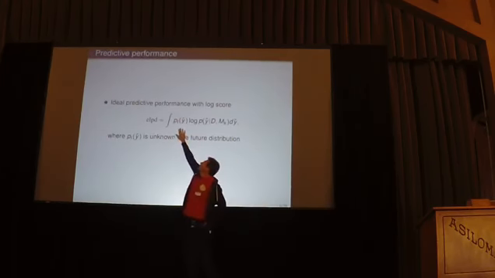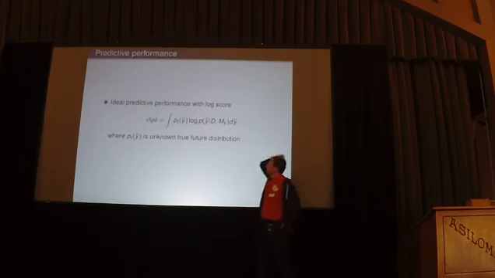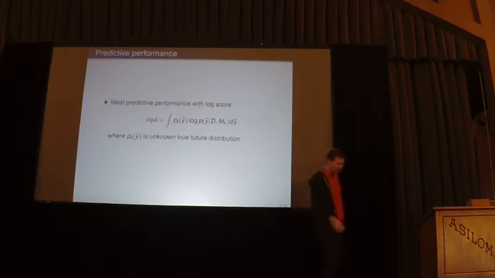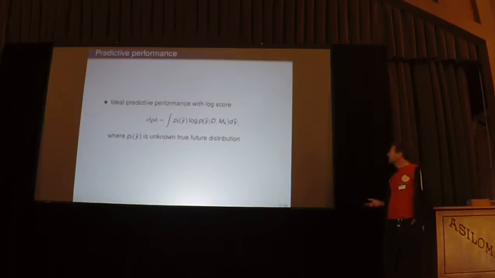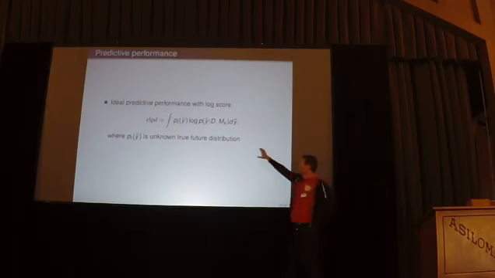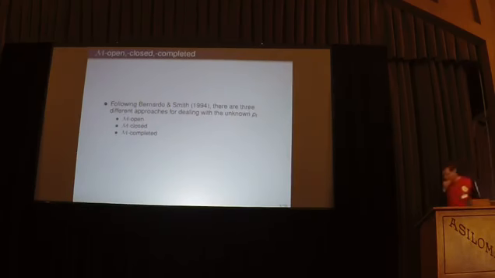Ideally, we would also know the future data distribution, and then we could average over it, and we would know the expected log predictive density, which would be our measure of how good our predictive distribution from model M_k is. But the problem is that we don't know these future observations yet, and we don't know this true future distribution.